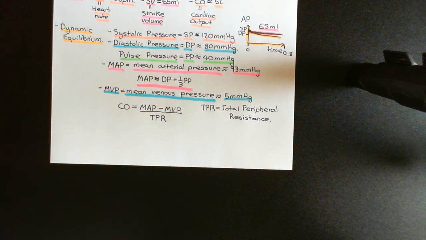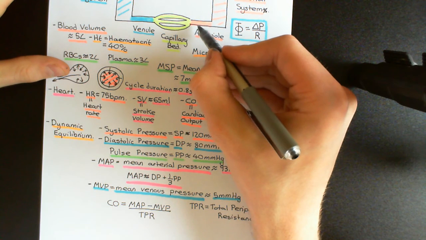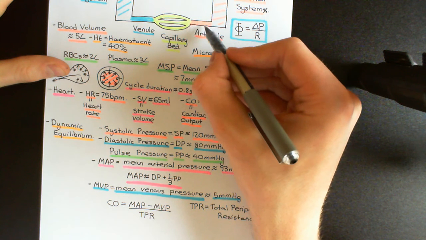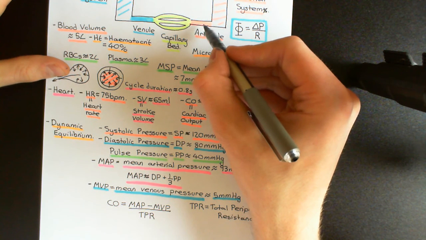So if the microvasculature, for instance the arterioles, these are capable of vasoconstricting or vasodilating. So arterioles have a layer of smooth muscle cells around them which can constrict them, or they can relax and therefore dilate the arteriole.